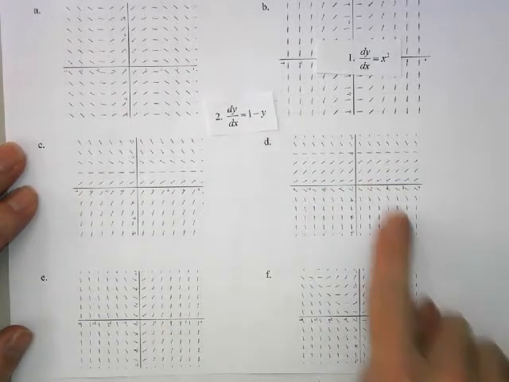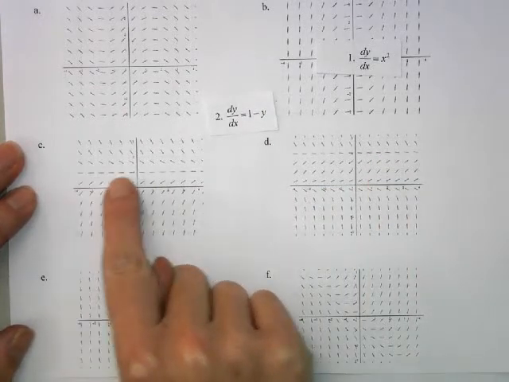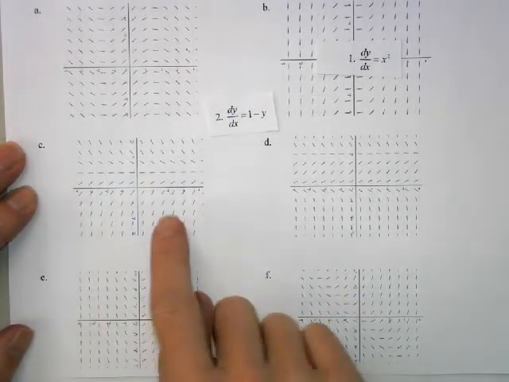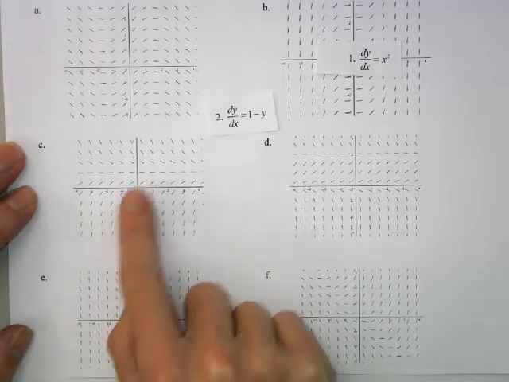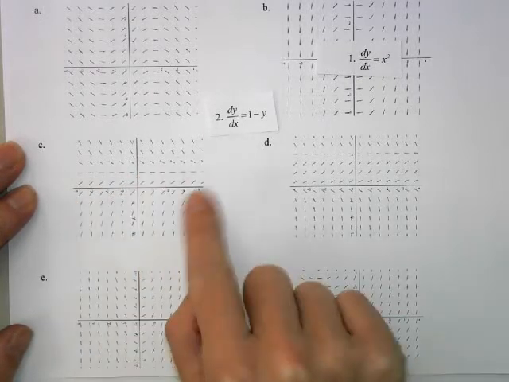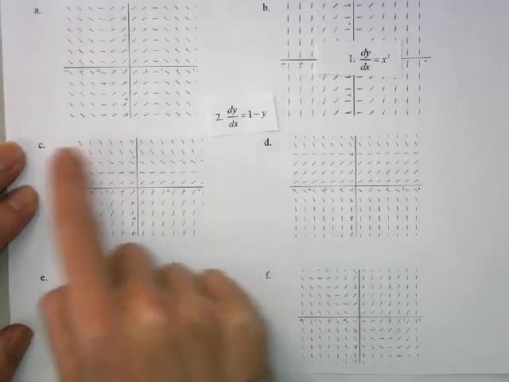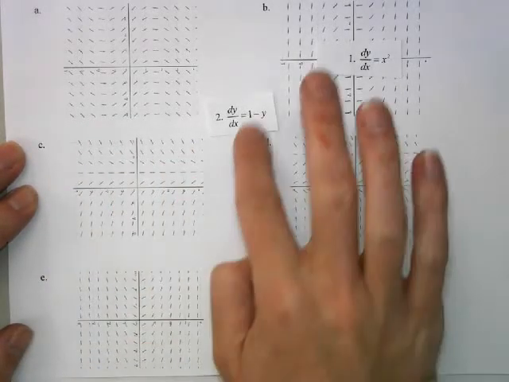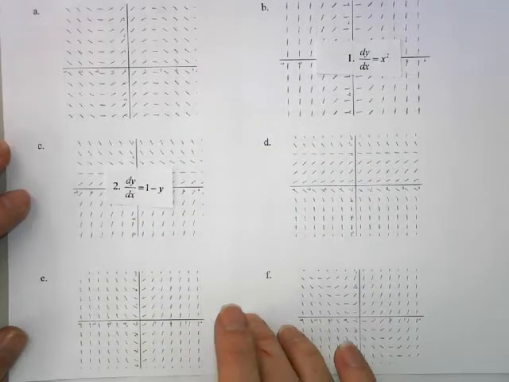So looking at these different graphs, here, when y is 1, my slope is always 0. And then thinking about this numerically, if I plugged in a number less than 1, then my slopes are going to be positive. And if I plug in a number bigger than 1, my slopes are going to be more and more negative. And then the x values don't change that fact. So that's going to be that guy.